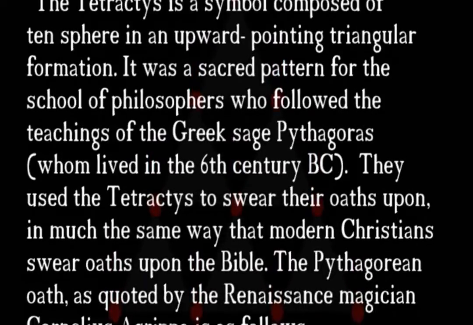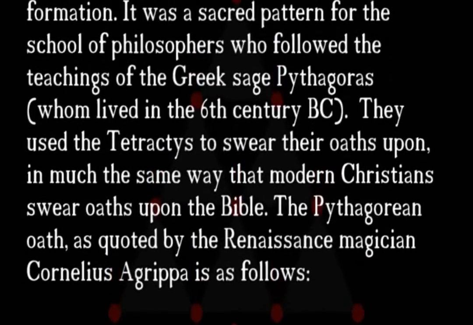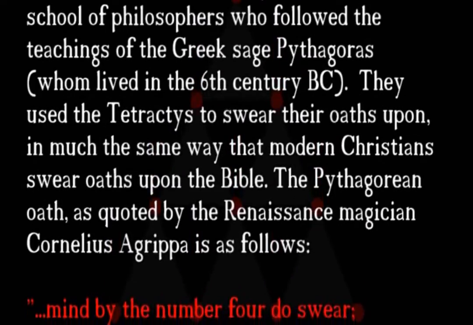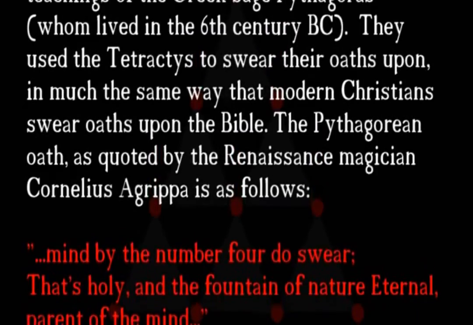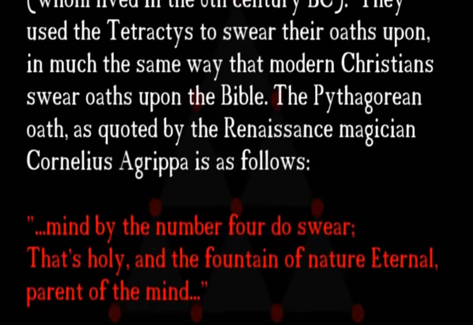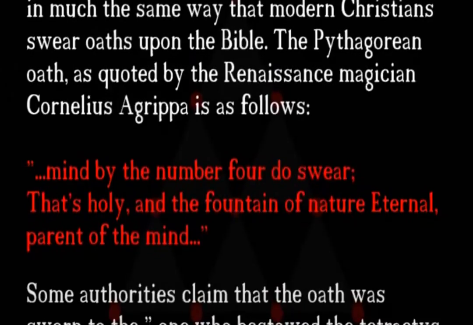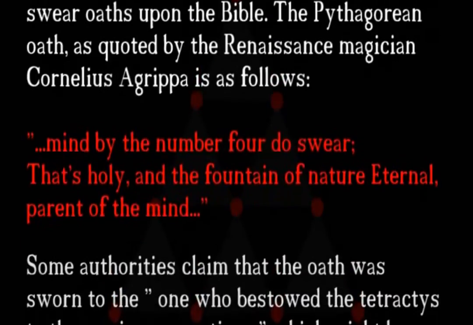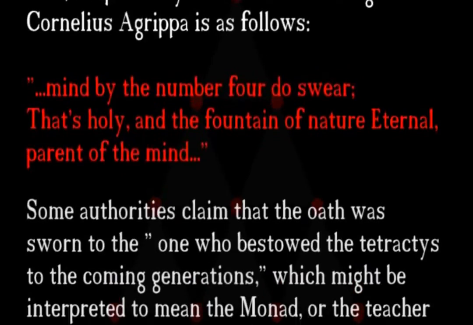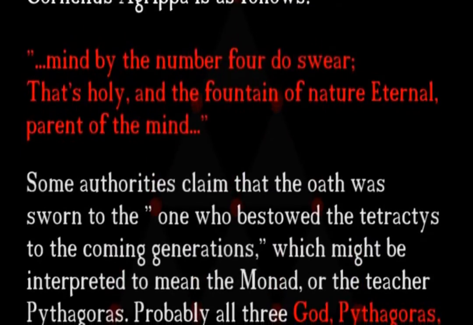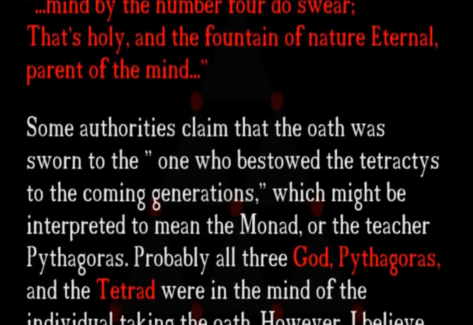They used the tetractys to swear their oaths upon in much the same way the modern Christians swear oaths upon the Bible. The Pythagorean oath, as quoted by the Renaissance writer Cornelius Agrippa, is as follows: I swear by the number 4, that is holy and the fountain of nature eternal, parent of the mind. End quote.